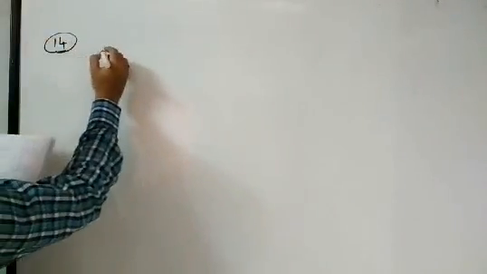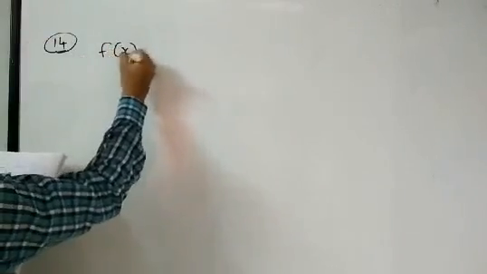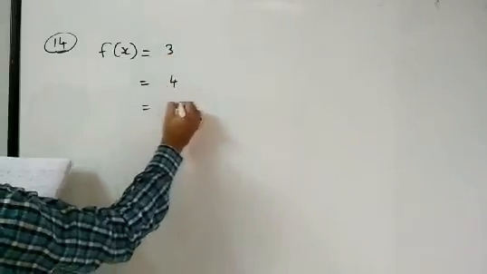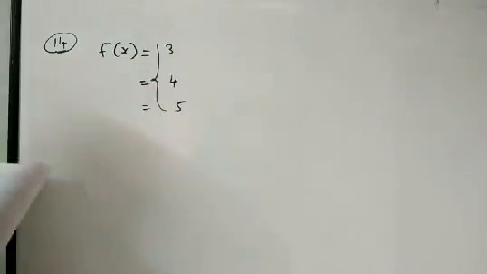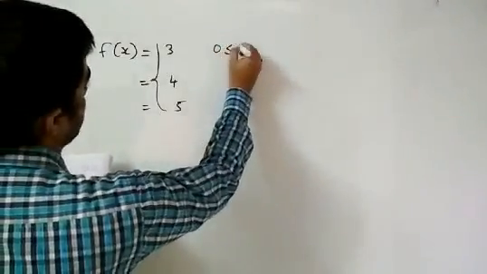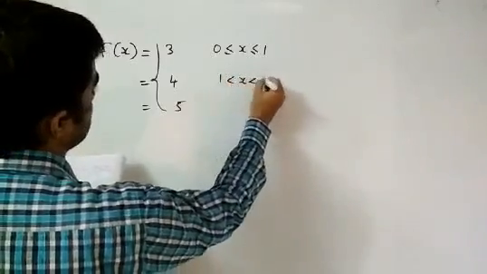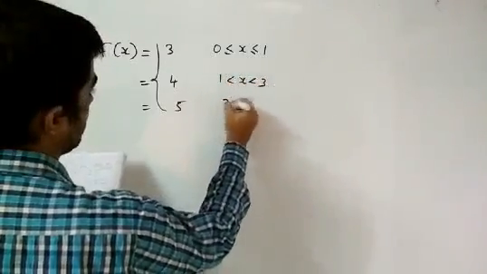We have question number 14 as f of x is equal to 3, is equal to 4, is equal to 5, for 0 less than x less than 1, 1 less than x less than 3, 3 less than x.